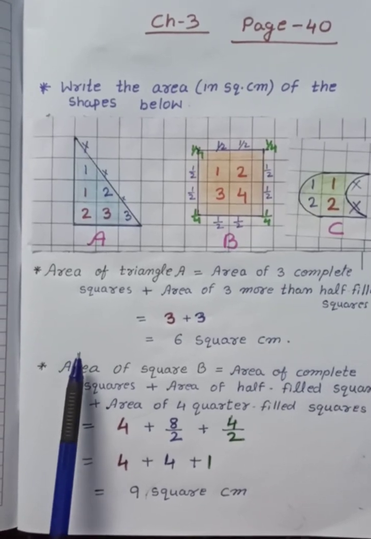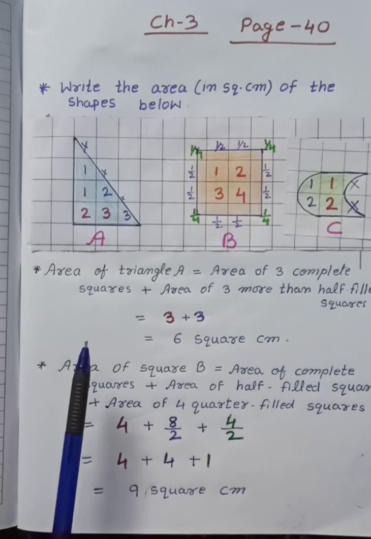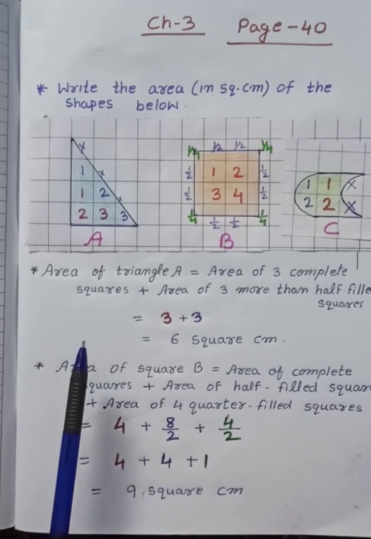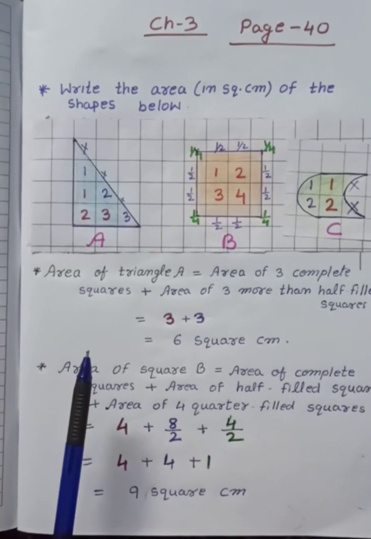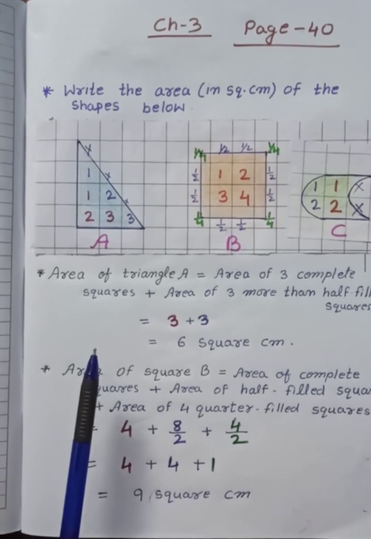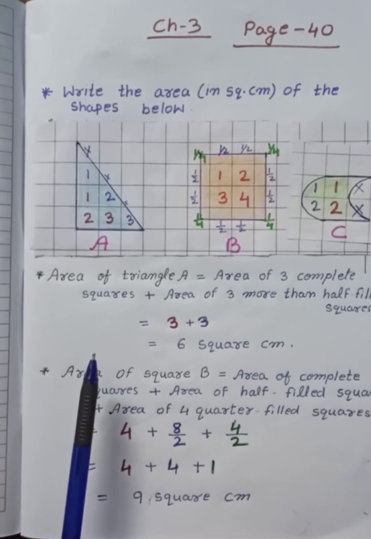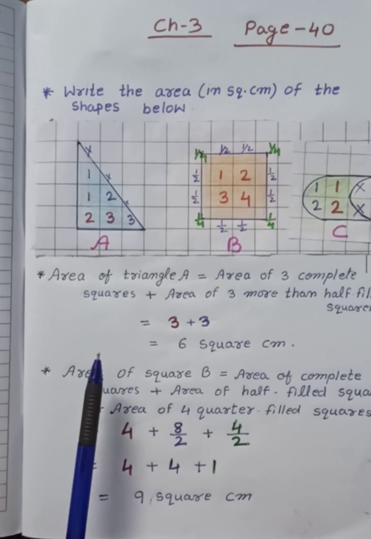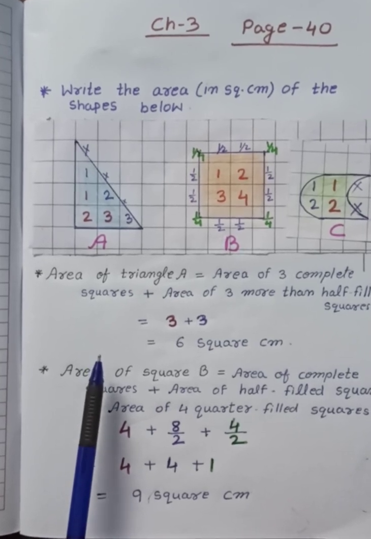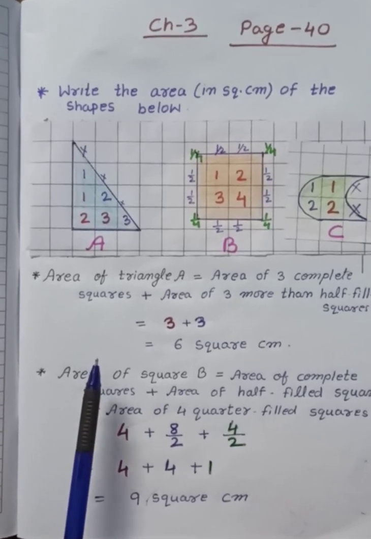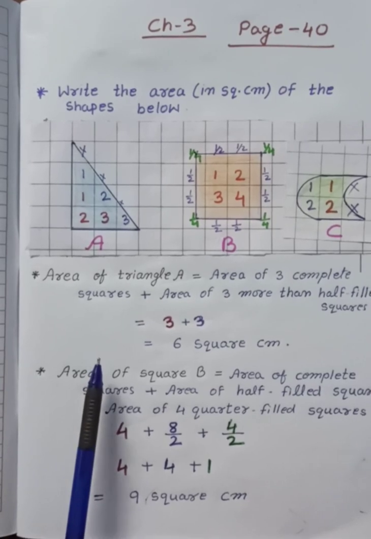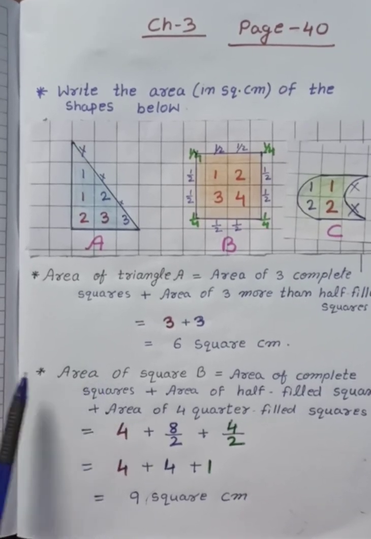Since two half filled squares make one full square, everybody knows. So if the number of half filled squares is 10, then we will consider 10 upon 2, that is 5 squares only.